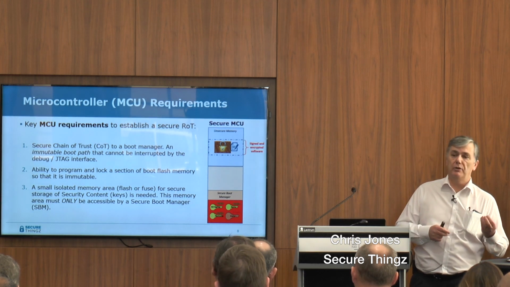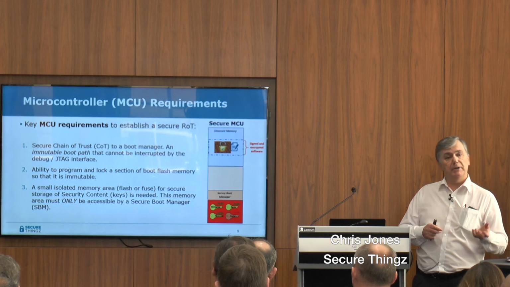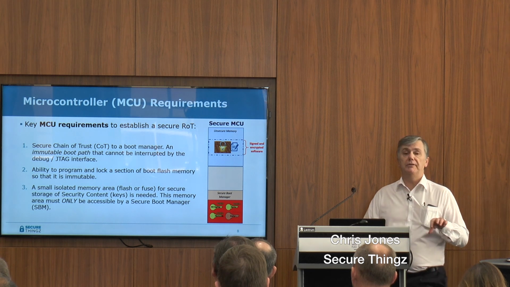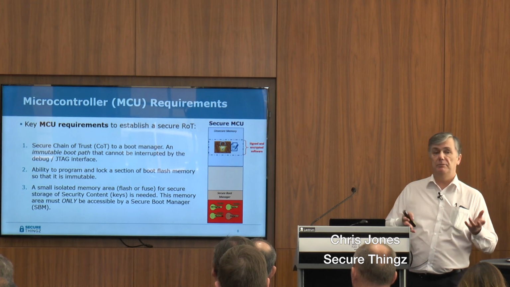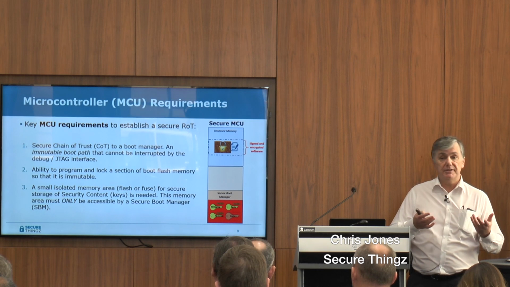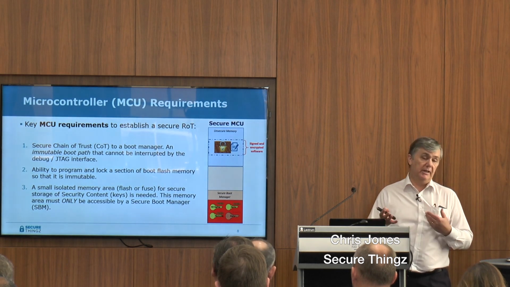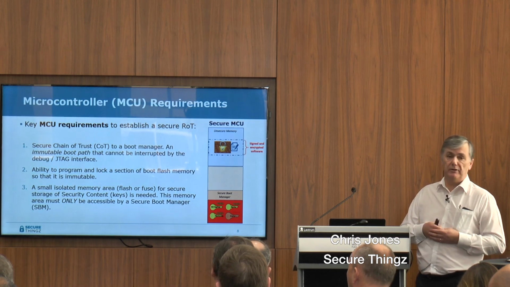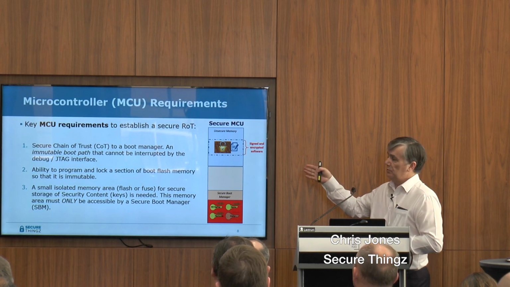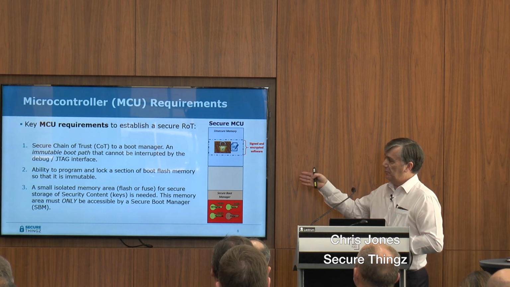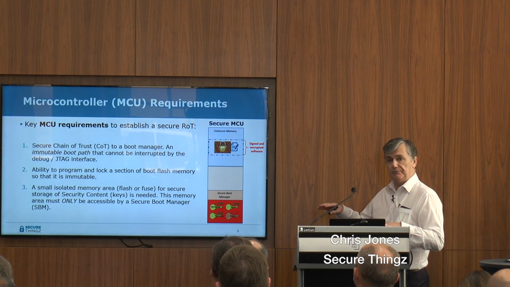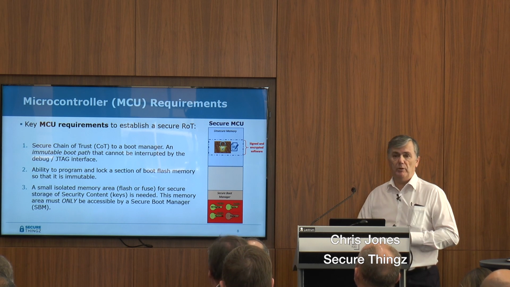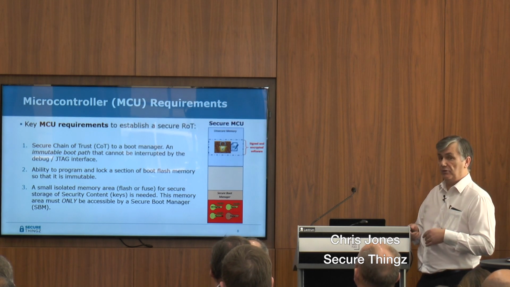You want to be able to hold those in a secure area where, again, the application cannot access the keys. But you do want the keys to be accessible by some sort of security boot manager because that will provide services to the application to maybe sign things or check the authenticity of software that may be downloaded. So an immutable boot, the ability to program and lock a section of memory, very important, so you can provision the initial program into the device, and then a small area where you can hold keys that can be managed by the secure boot manager.